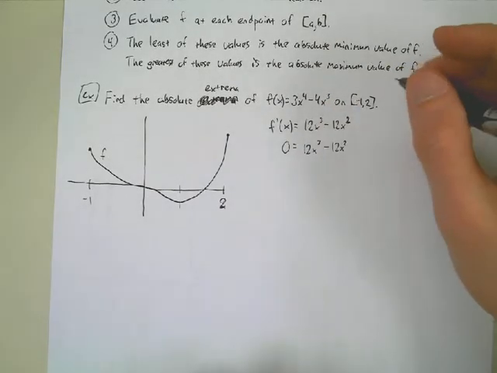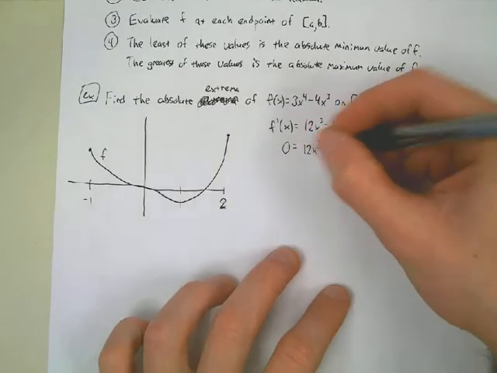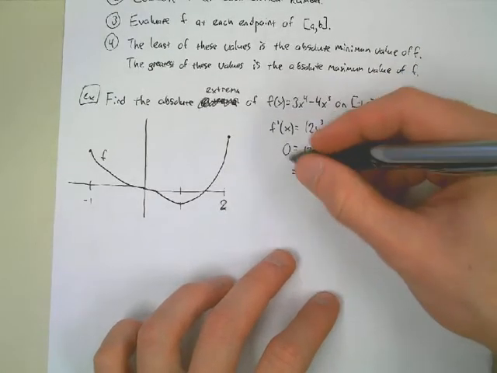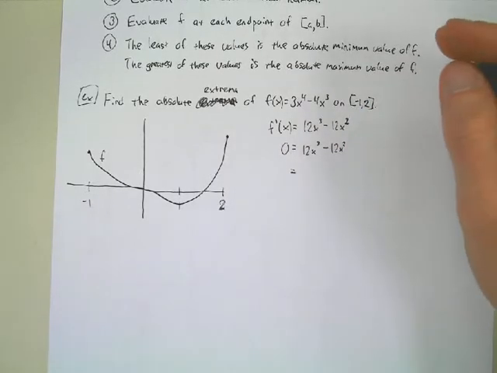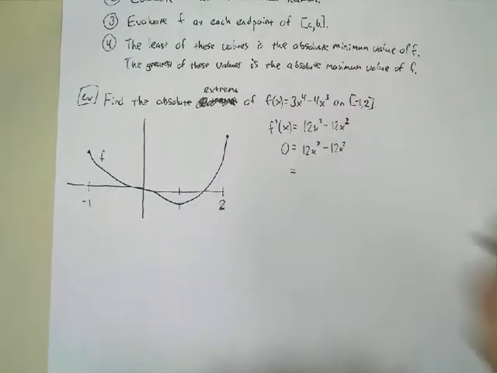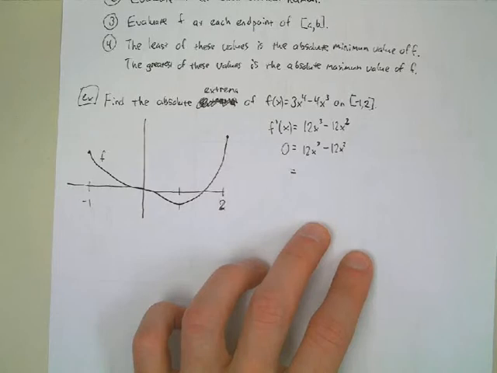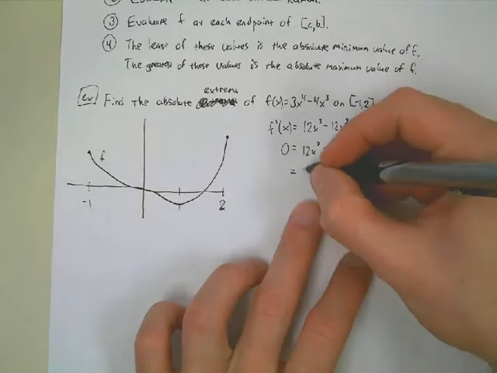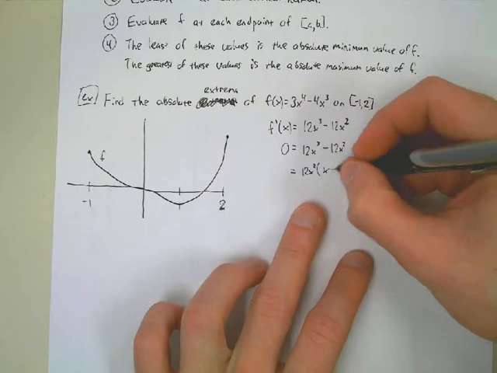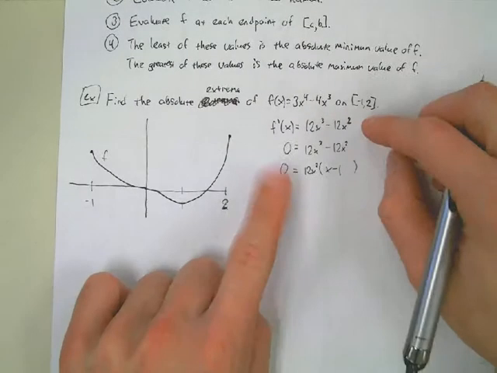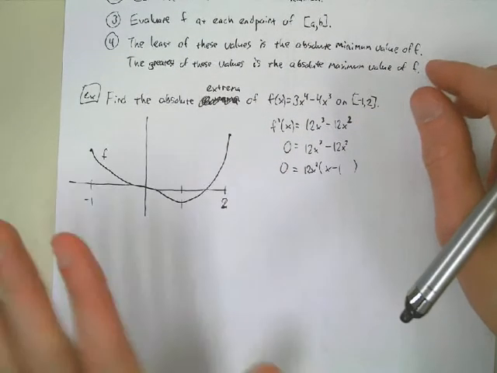So now that we have this equal to 0, I don't need to rewrite the 0, I can continue to write the equal sign here. What can we do to start solving this? Yes, factor. So Emma, what factors here? 12x squared factors, and then what are we left with? x minus 1. And since this is equal to 0, if it was equal to any other number, we can't do this, but since it's equal to 0, what can we do, Emma?